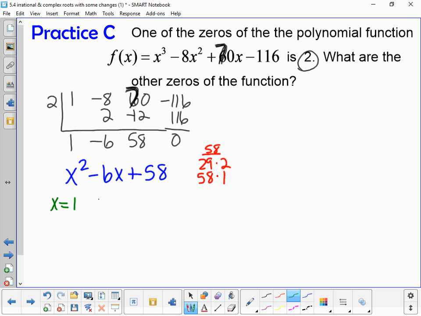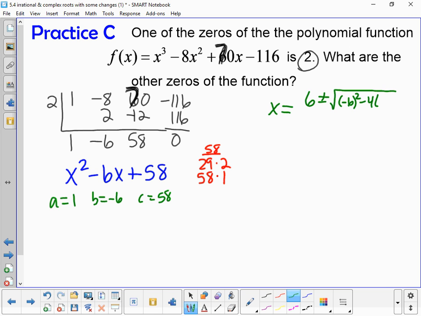So we have to use the quadratic formula. A equals 1, B equals negative 6, C equals 58. So if we do the quadratic formula, we get x equals negative b plus or minus the square root of b squared minus 4ac, and that is all divided by 2a.